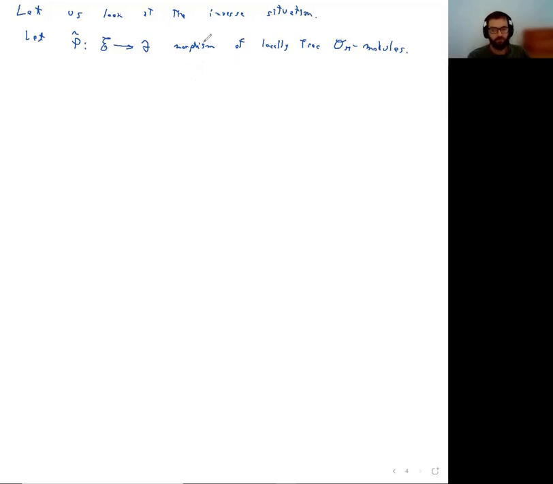Okay, so let E and F be the associated holomorphic vector bundles.